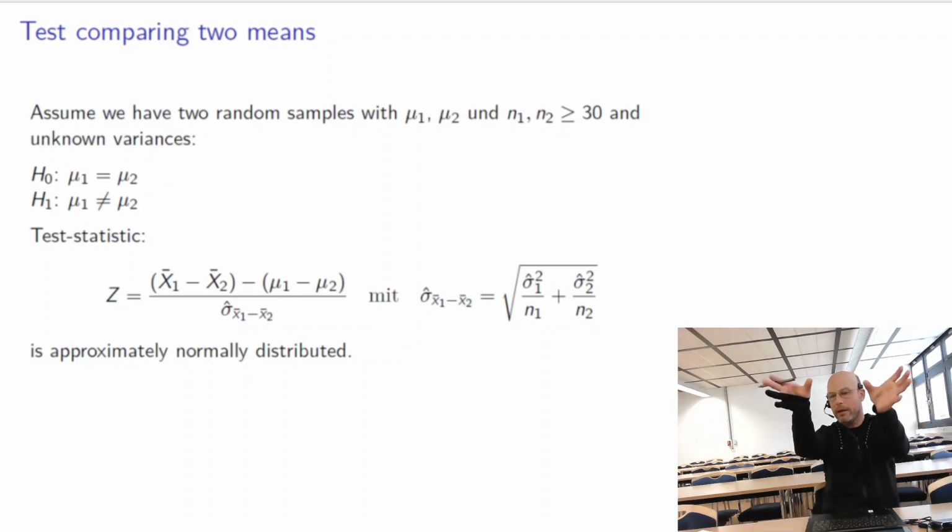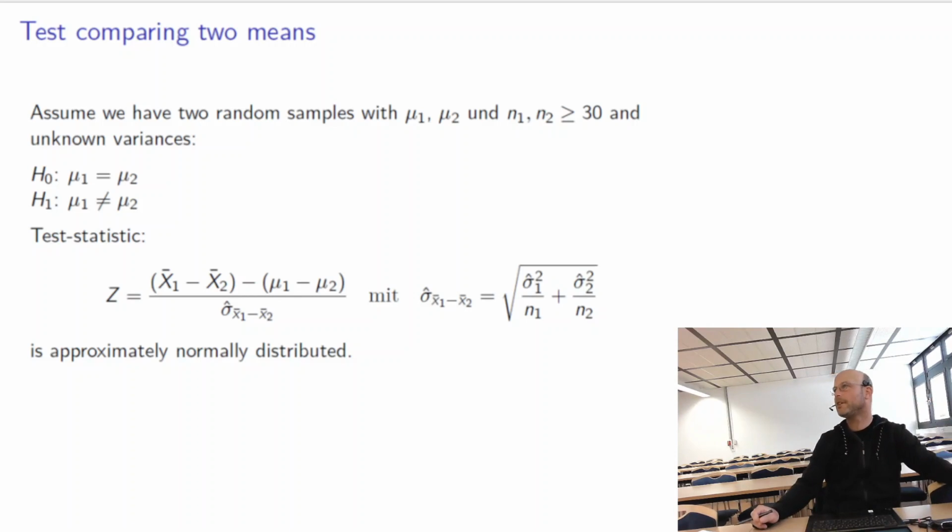And now we can also compare these two random samples and want to decide up to a given alpha level, is this statistically more or less the same result? Because it is only a statistical fluctuation.